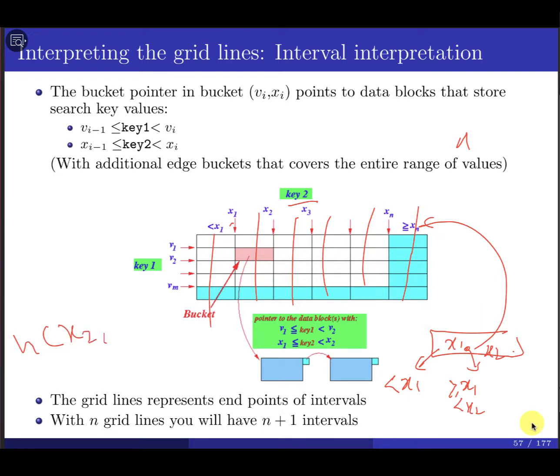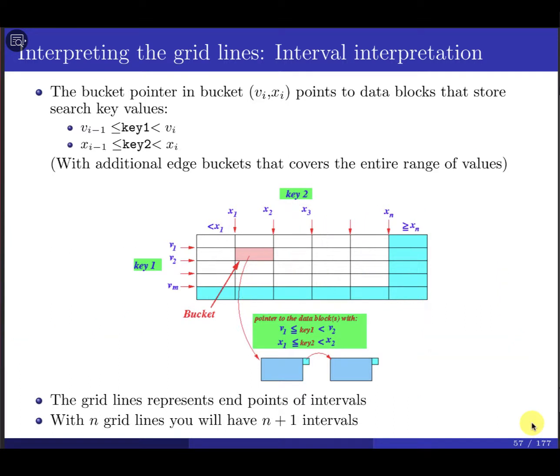And here again, when you try to specify the value, for example, I give you the value x2 and v2. In order to answer this question, hash for x2 means finding the value where x2 is equal. So I'm just looking here. x2 is going to be this direction, because x2 is greater than or equal to x2 and less than x3, so this is the area we're looking for, and for v2, this is the area we're looking for.